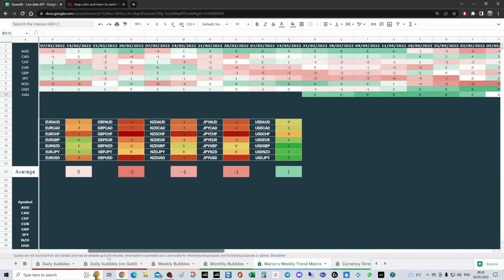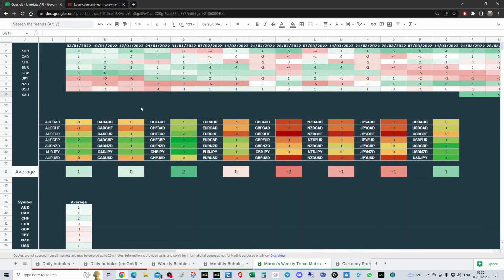We can see he's been doing it for a while, and we've got data and strength. So this is Swiss strength there, and we've got pound weakness, technically speaking, and that's that. So that's the spreadsheet, and how to not feel yourself getting overwhelmed with information.